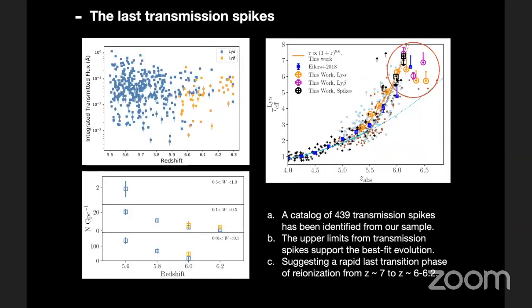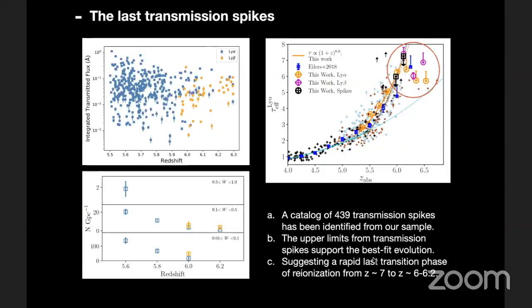You can see the open black squares here, which are the upper limits from transmission spikes. They have very good agreement with the best evolution model from the Lyman alpha measurement. So this also supports that our transmission spike sample has very high completeness.